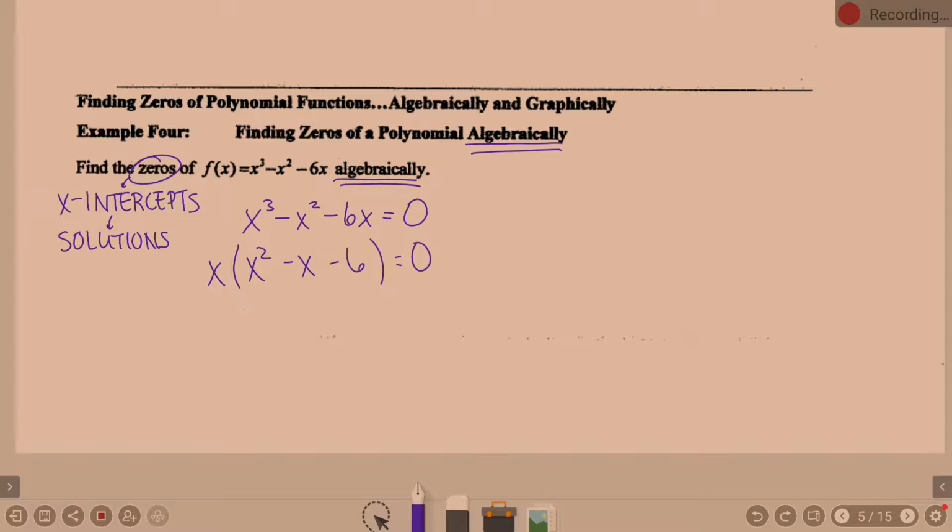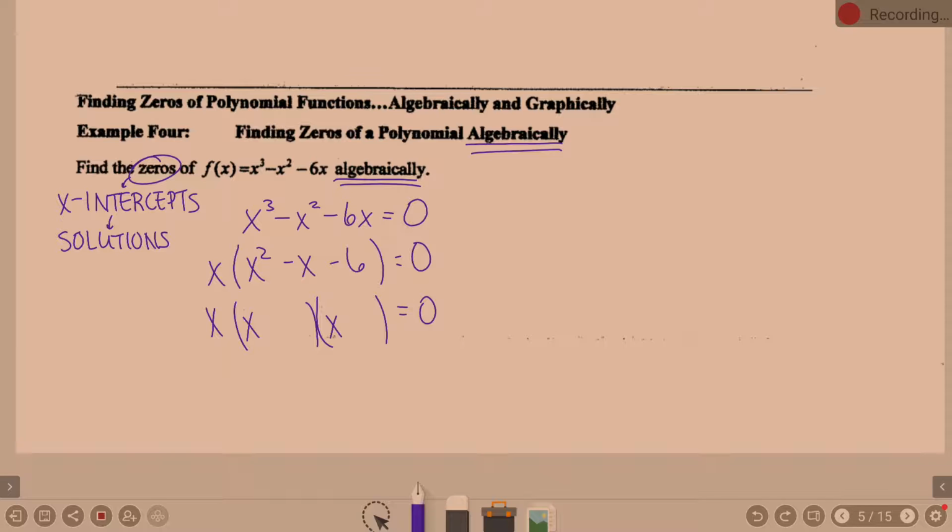Two parentheses. So carry the x down. We've got 2 parentheses. X squared breaks into x and x. Do you remember what kind of numbers have to go here?